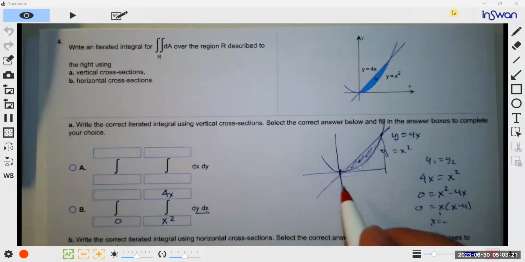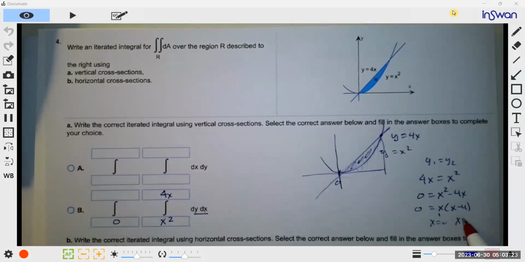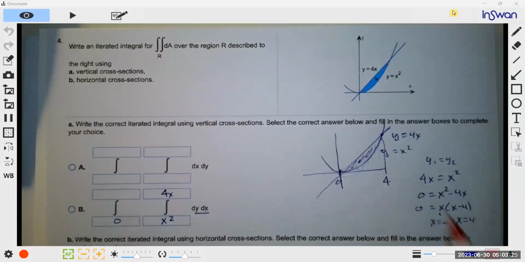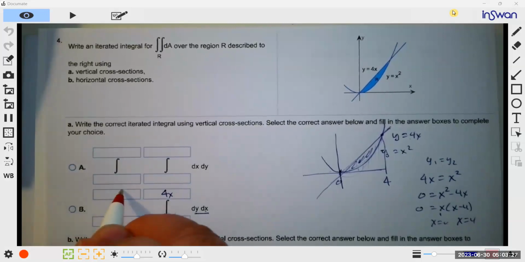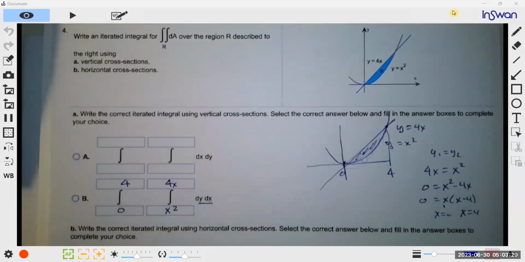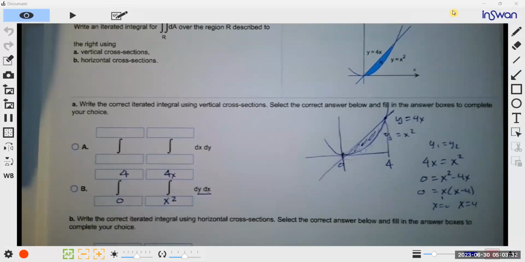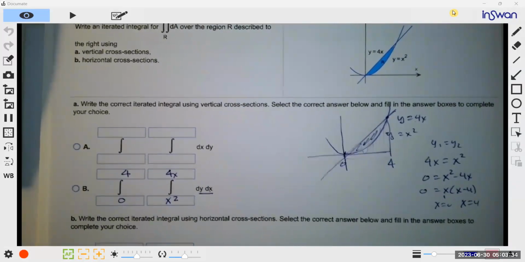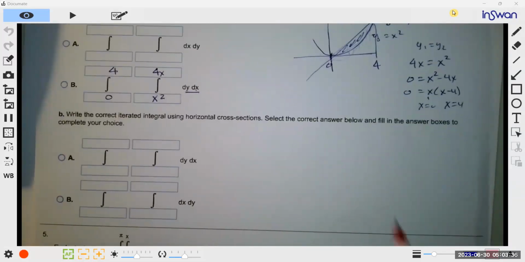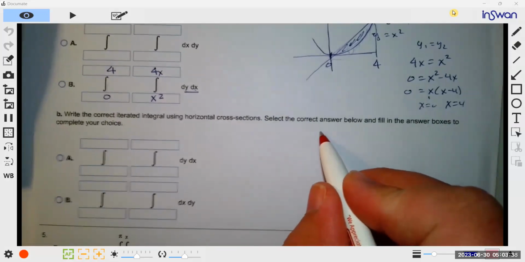X equals 0. That's what we set. And then x equals 4. That's our upper bound, or the highest part in the x. All right, now we're going to do it horizontally.